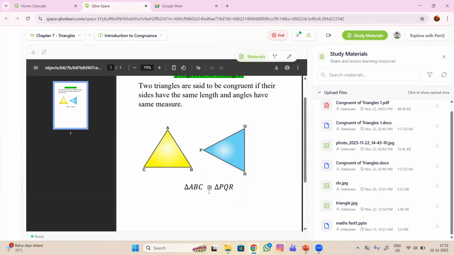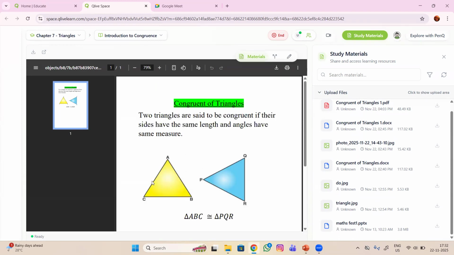We already mentioned that in this form. The three angles are equal and three sides are equal, then we can say that triangle ABC is congruent to triangle PQR. We already discussed this in this section.